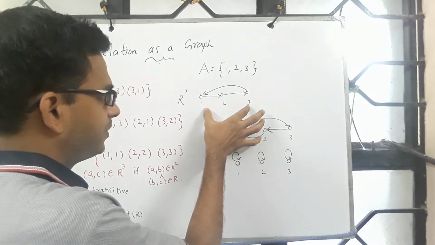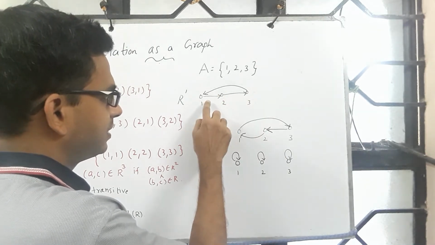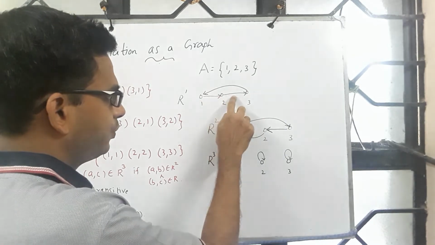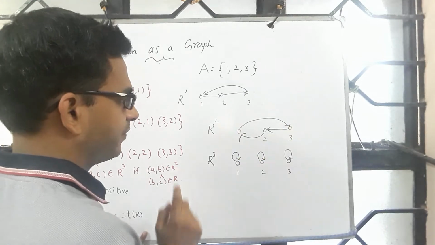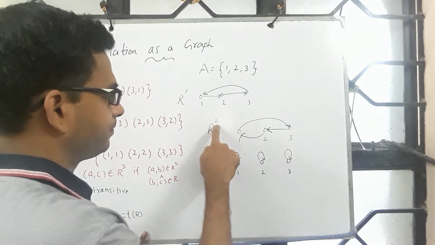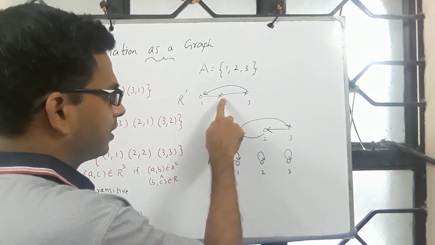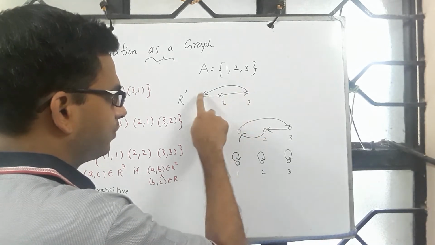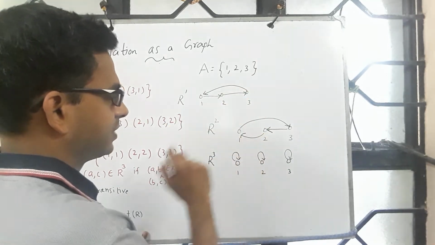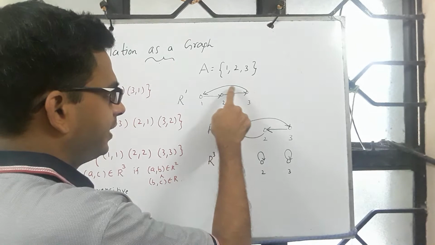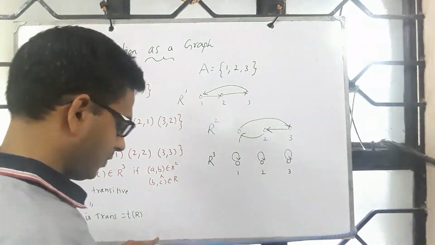Now look at the distance between 1 and 3. I am counting the number of edges. So you need 2 edges to reach 3, and you see that there is an edge between 1 and 3 in R square. And from 2 to 1 and 2 to 3, 3 to 1. First edge, second edge. You see that there is an edge from this. 3 to 1 and 1 to 2, you see that 3 to 2.